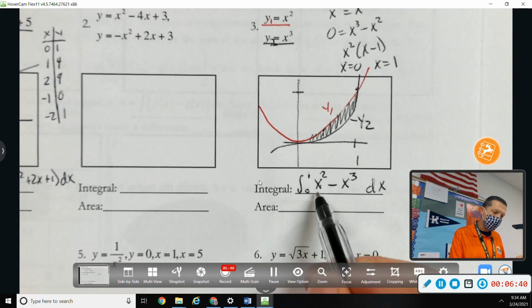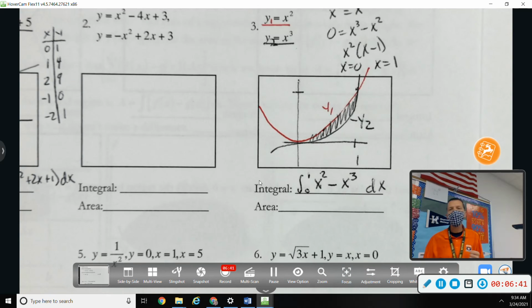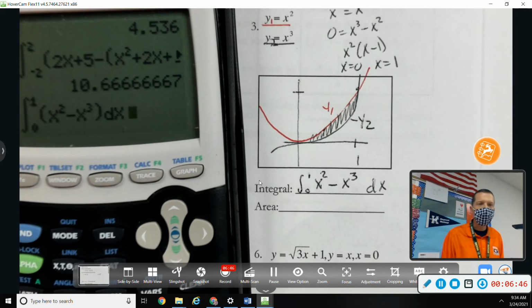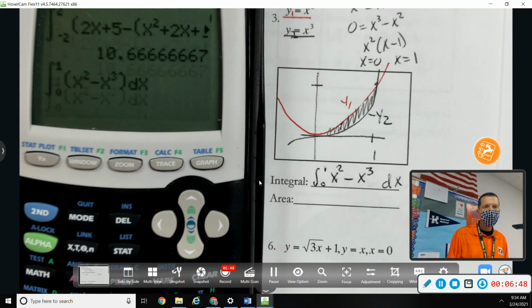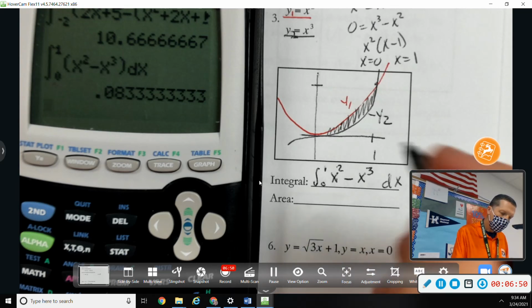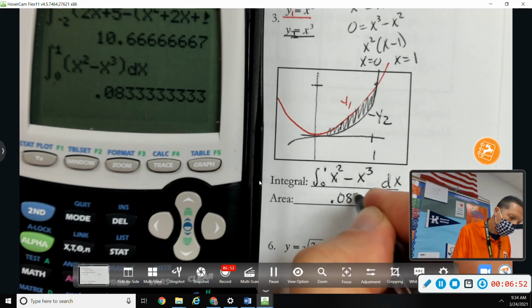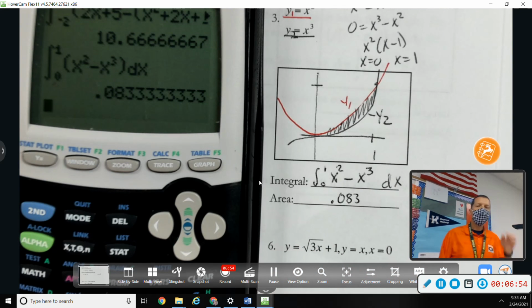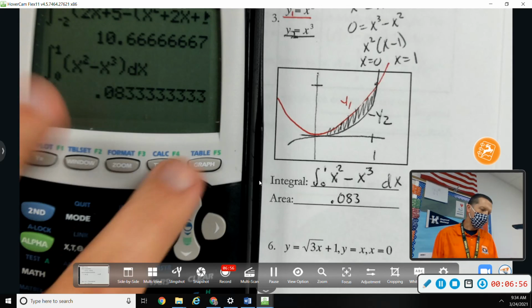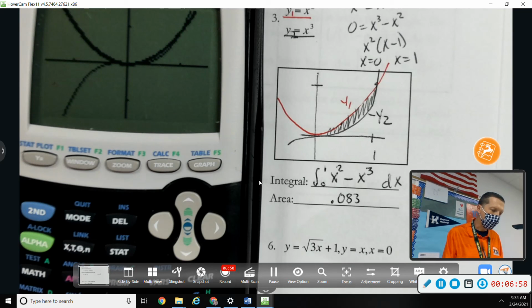Or you could even do y1 minus y2 if you wanted to do the y-vars thing. But this is an easy one, so it's probably easier to just type in the integral. 0.083. That seems small, but you look at your graph and that makes sense that it's small. It's just that little bitty sliver of area in there.